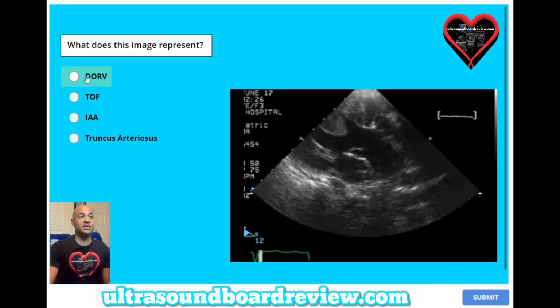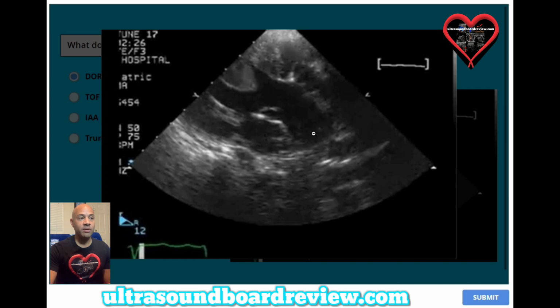The answer is A. Double outlet right ventricle. This is the aorta, and the pulmonary artery is right over here. Notice the overriding aorta.